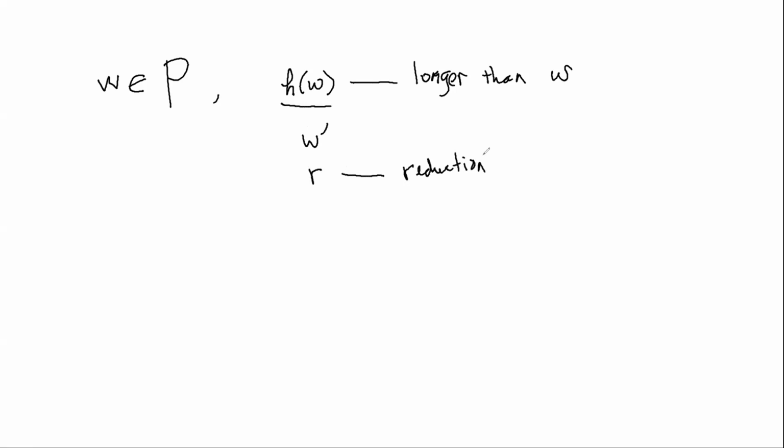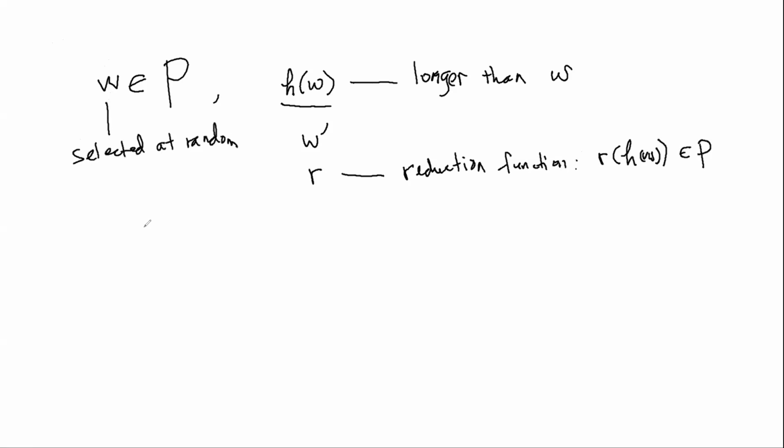Hopefully, when I apply R on this H of W, it gives me a password in P. That is the idea. So now what I would do is, as I said, I randomly select a starting password.